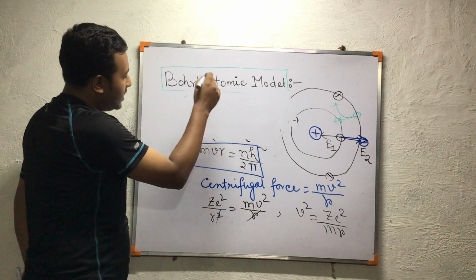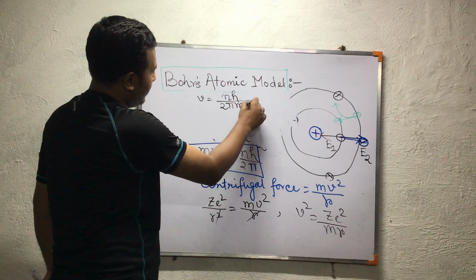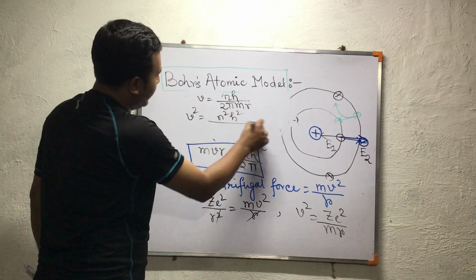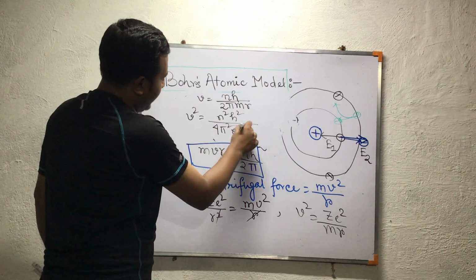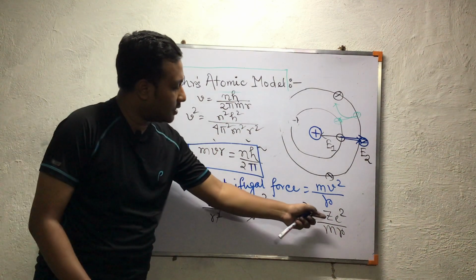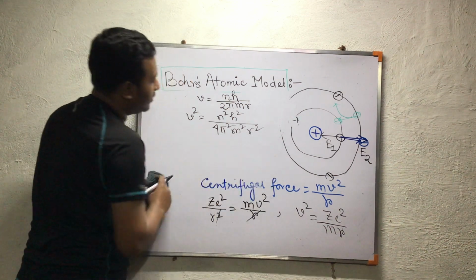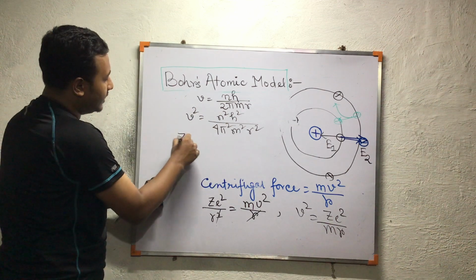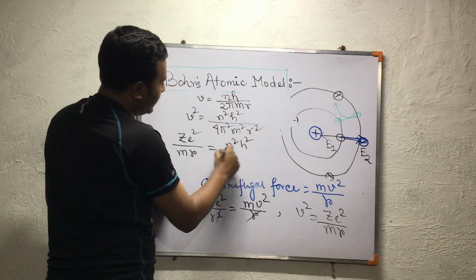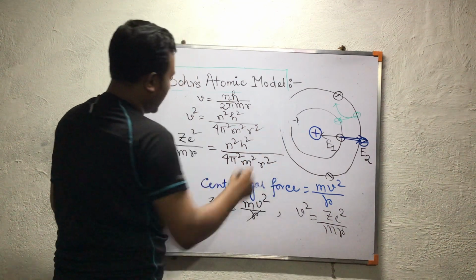So we can write v equals nh by 2 pi m r, or v square equals n square h square divided by 4 pi square m square r square. Here v square equals Z e square by m r. So if we put the value of v square here, we get Z e square divided by m r equals n square h square divided by 4 pi square m square r square.